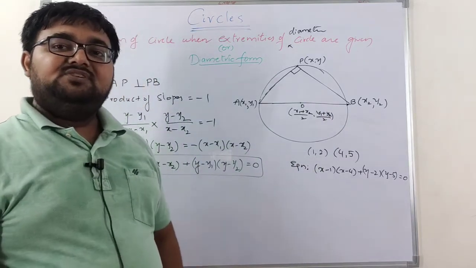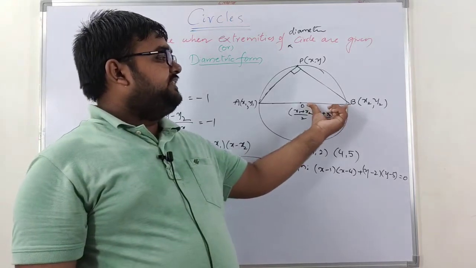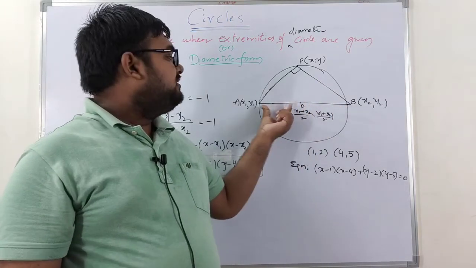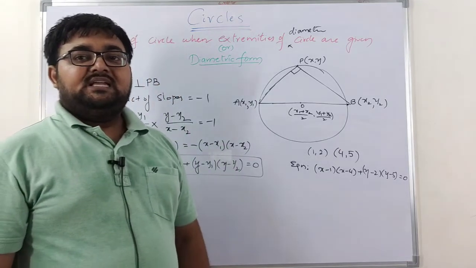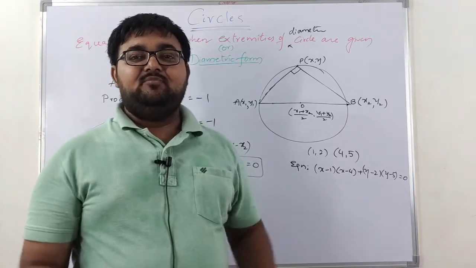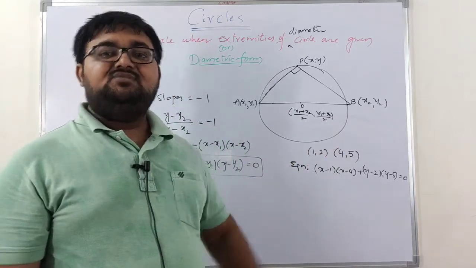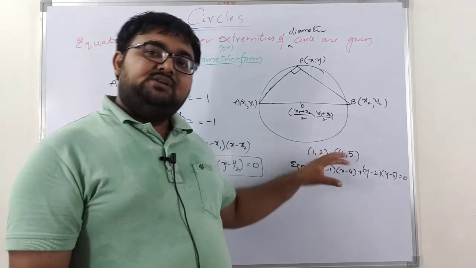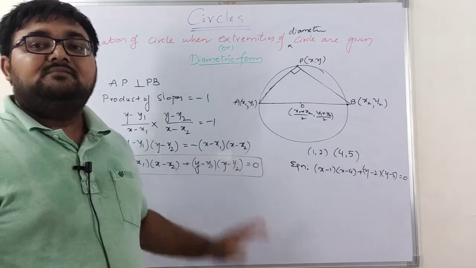Next, after that, what we should do? We need to find out the radius. To find the radius, either you find the OB distance or the OA distance by means of the distance formula. Since this is a little lengthy process, we don't prefer it. This is also one of the approaches, and you also get the same formula, but it is somewhat lengthy.